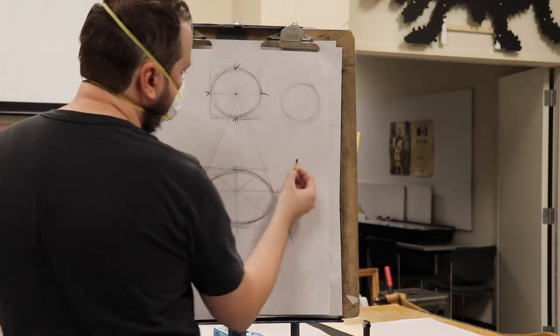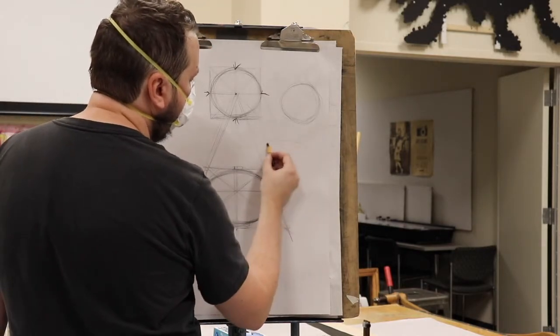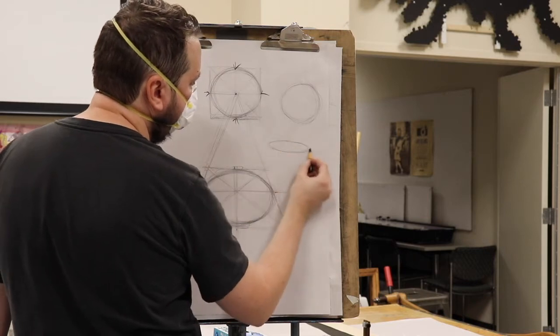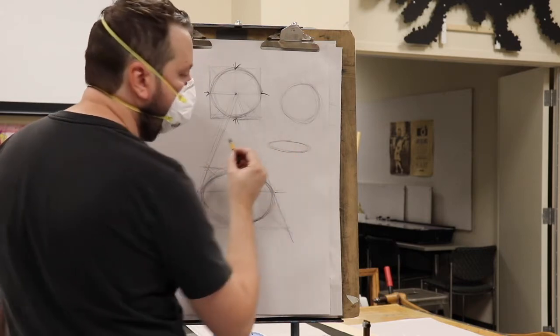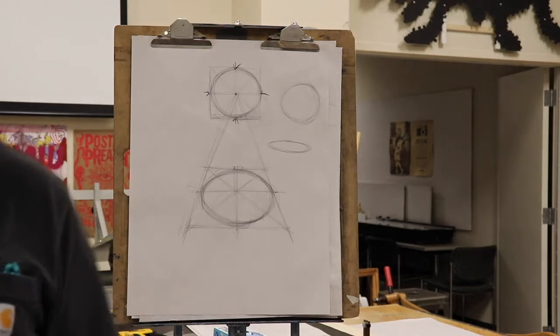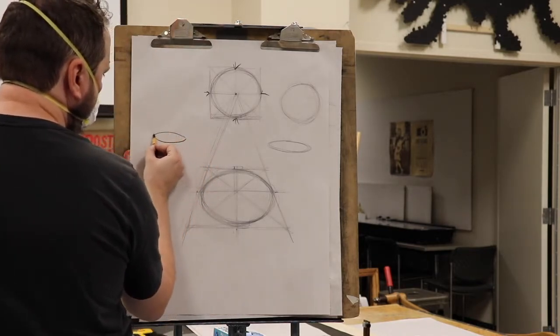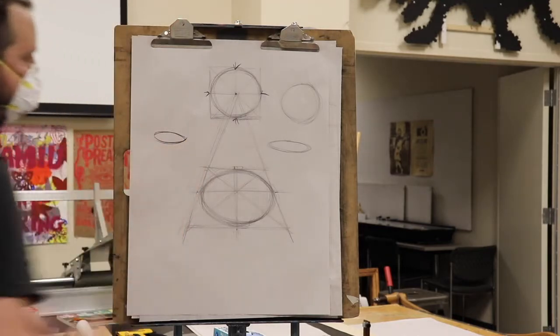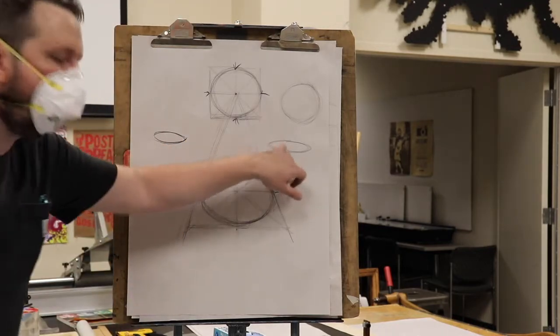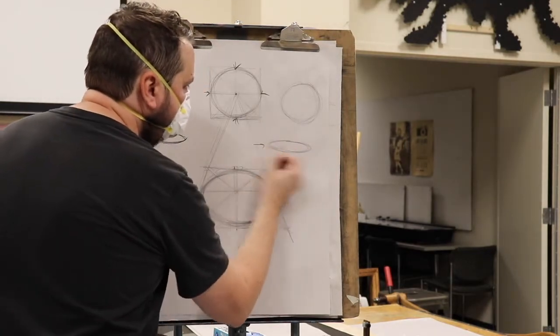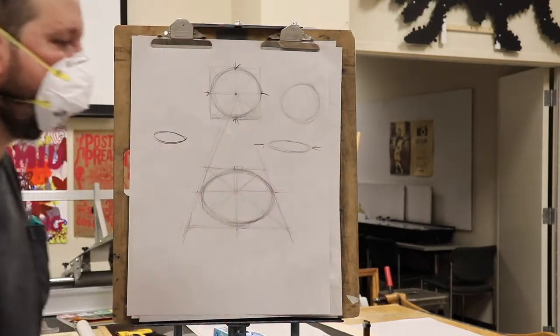I don't want to do this. If I'm drawing an ellipse, you want to draw like this. Let's say this is the top of a can. What you don't want to do is this. You don't want almonds. You want nice, smooth shapes. Just drawing through like this gives you these nice rounded edges.